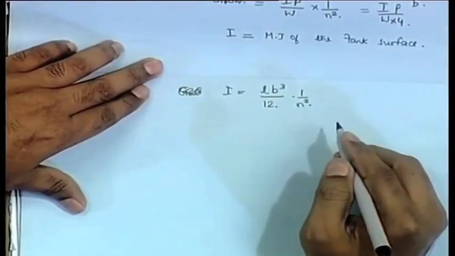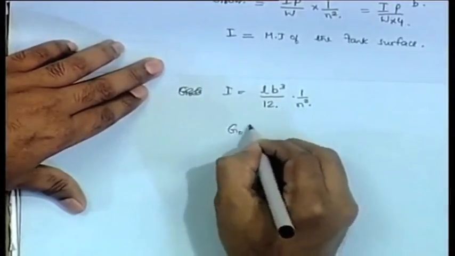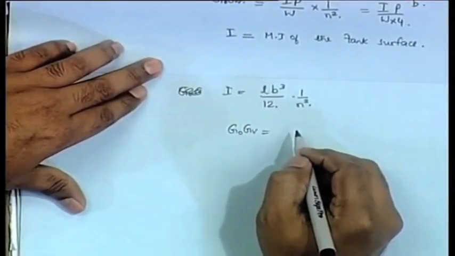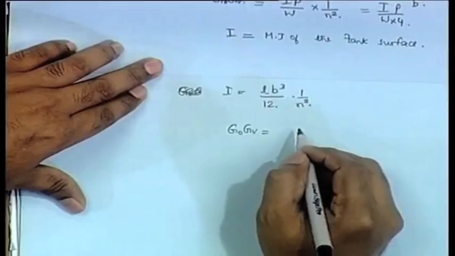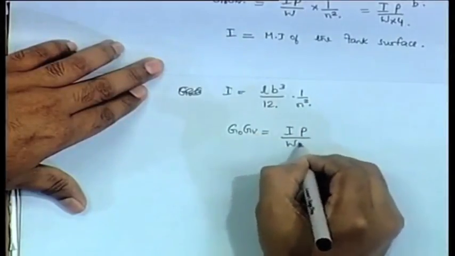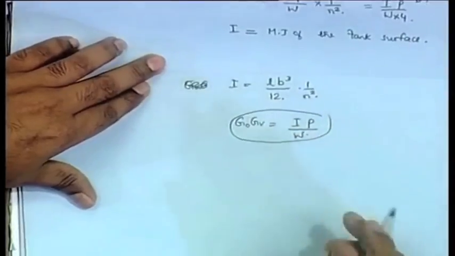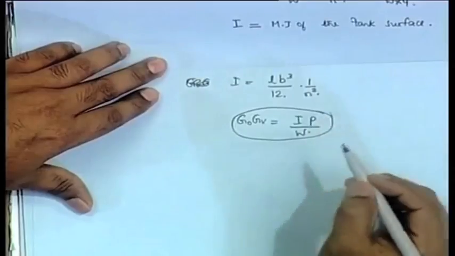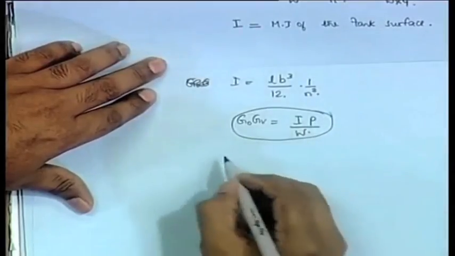Then G0 Gv will become this I into rho by W. So, this will give you the distance through which the center of gravity seems to have shifted, the vertical distance through which it has shifted.